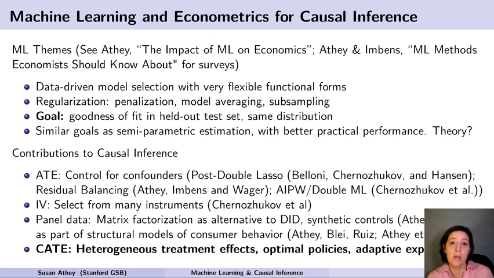But what we've been doing over the past decade or so in the community that's combining machine learning and causal inference is filling in some of the theory and helping enlighten exactly how to apply machine learning methods and what modifications can be used so that they perform as well as possible in environments where previously we might have used semi-parametric estimation.